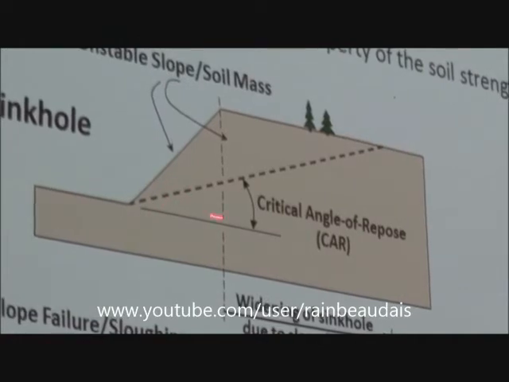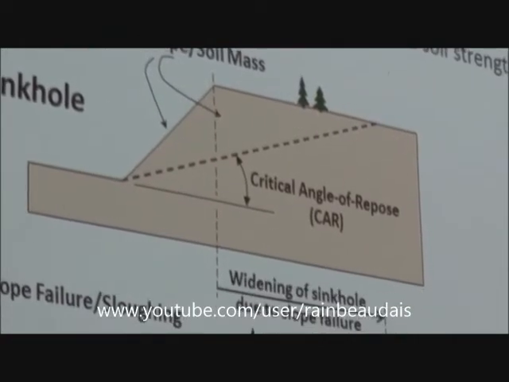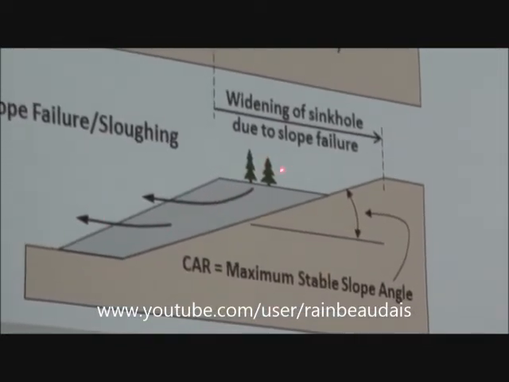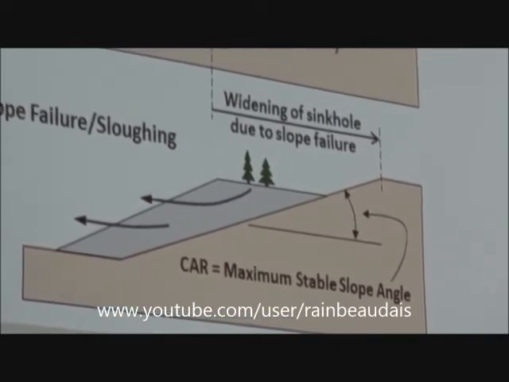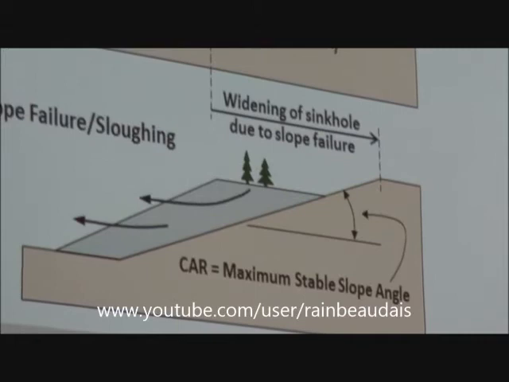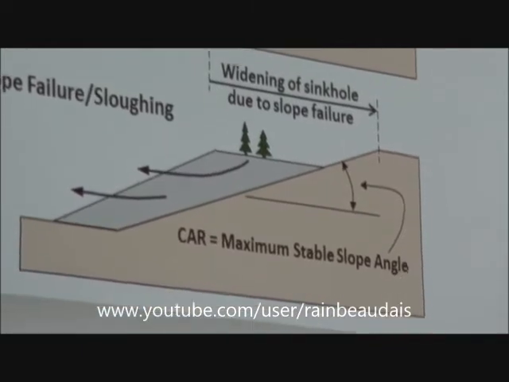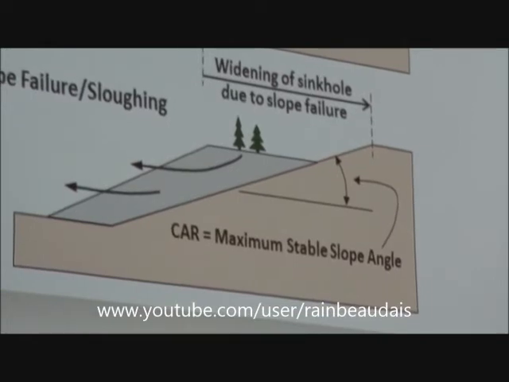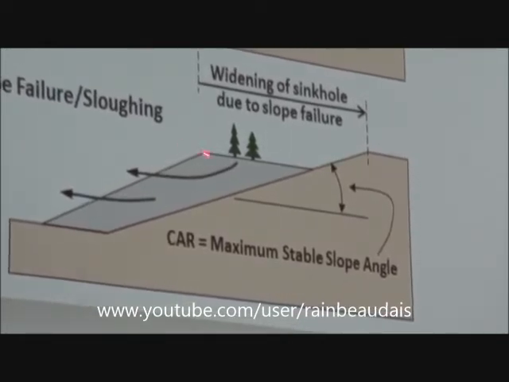So this sliding or slope failure is very well known, as I say, and that's what's happening. This mud is sliding into the sinkhole, and you see the trees going down with it. In fact, if you watch the video very carefully, which is what we've done, you'll see the trees don't just sink down vertically, they actually sink down and go out at the same time. And that's exactly this effect.